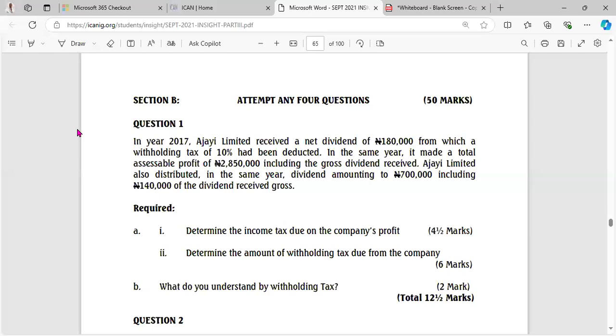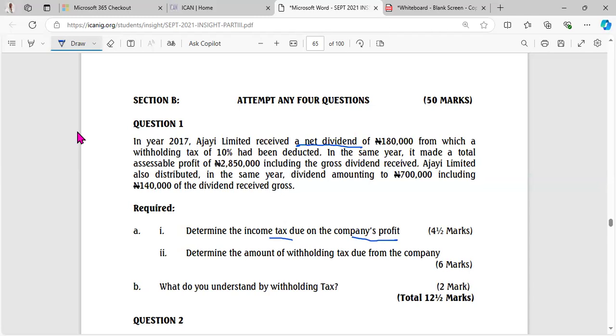In year 2017, Ajayi Limited received a net dividend of 180,000. Now we are told this is a net dividend, okay? And I'm guessing we are asked to look for the tax due on the profit of the company.